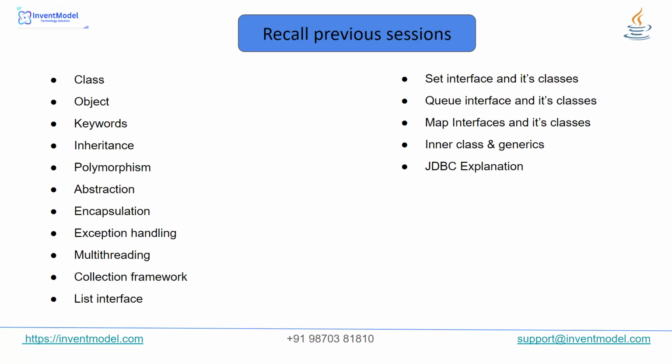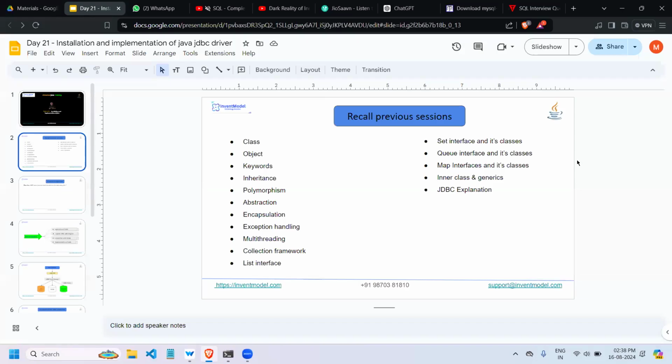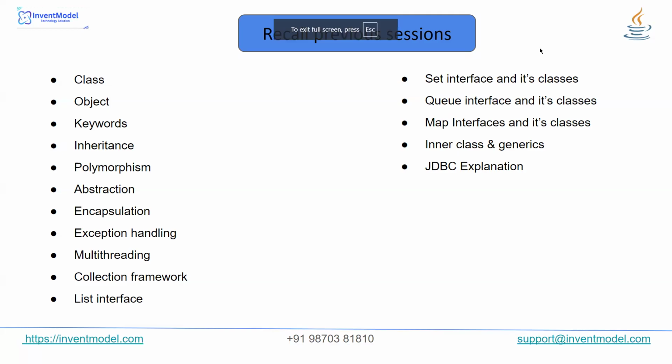You can say it is a structure of any object, and it contains different types of properties like methods and variables. Now, what is an object in Java? An object is a real-time entity of any class which has a state and behavior. It is called an object.